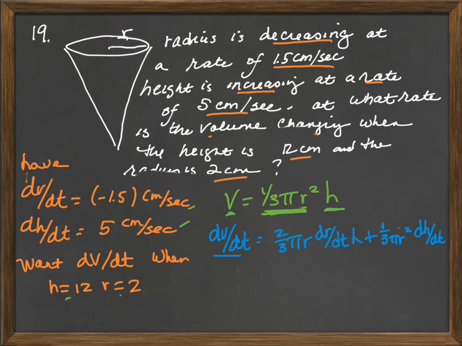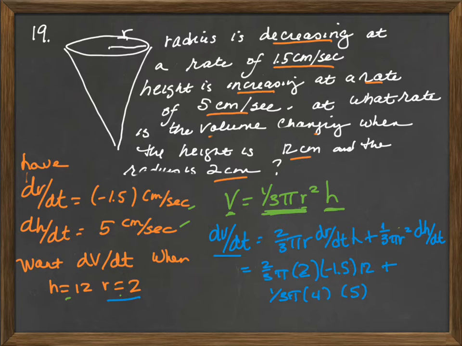And we want the volume rate, so we can just substitute in here. We get 2/3 pi times r, which at this time is 2, times dr/dt, negative 1.5, times the height, 12, plus 1/3 pi, r squared at this time would be 4, times dh/dt, positive 5.